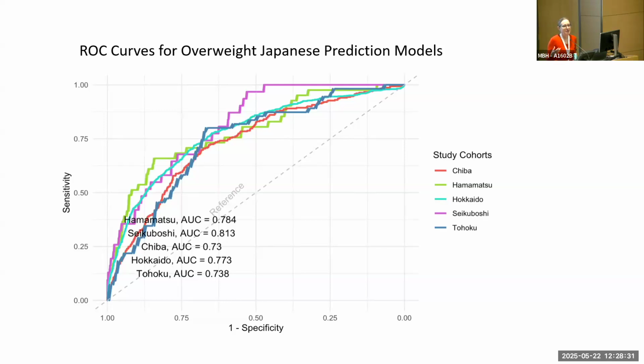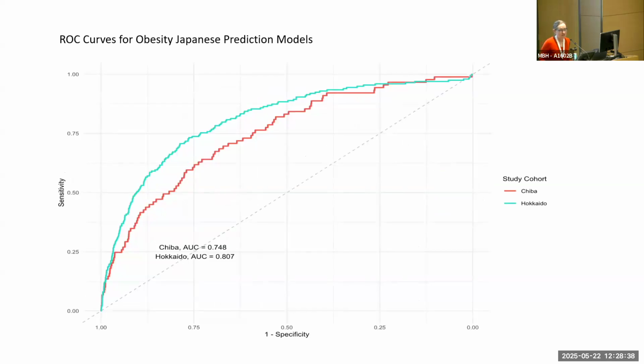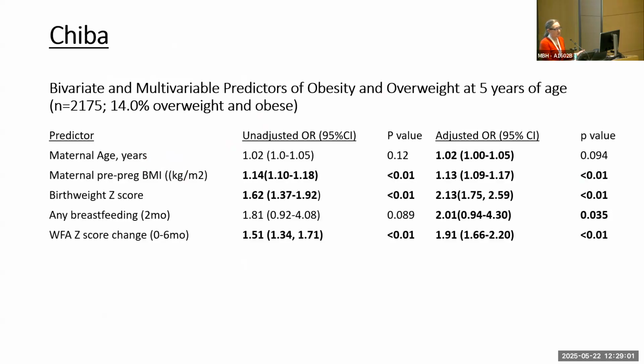So we actually had to change our model a little bit based on the Japanese situation. We had 2 cohorts that were much bigger, in the size of 2,000, 3,000 participants, Chiba and Hokkaido. And for those 2, we actually could look at obesity. And those were comparable, 0.8 for Hokkaido and 0.75 for Chiba. I just put the numbers up here quickly, but we used the exact same variables.